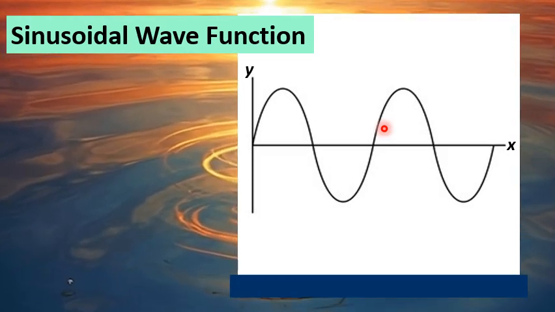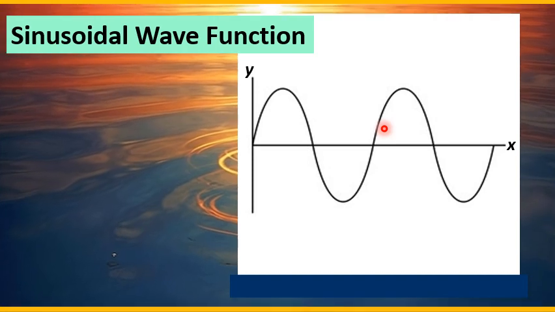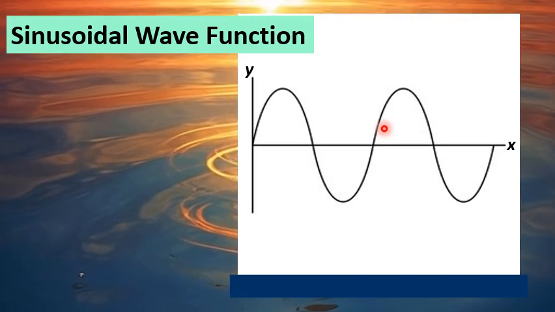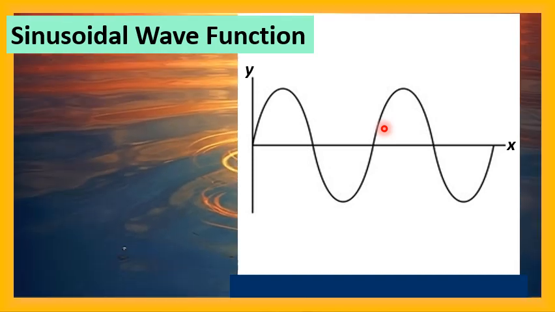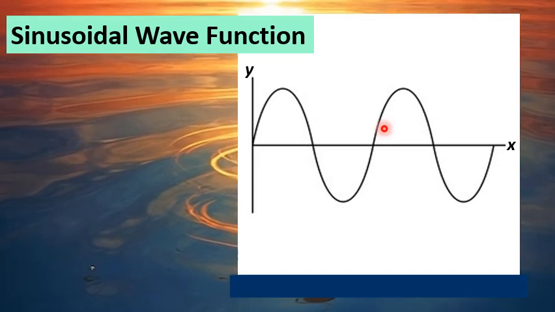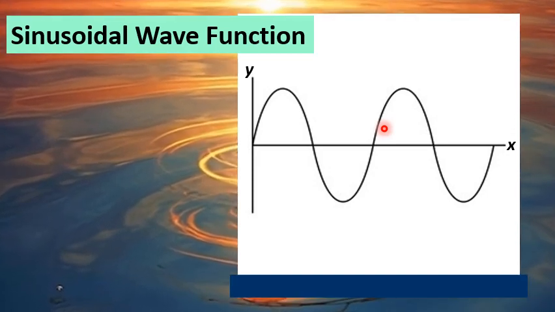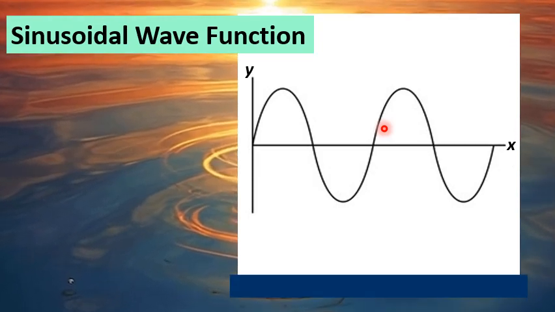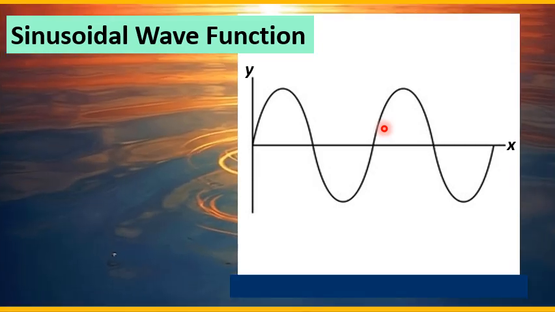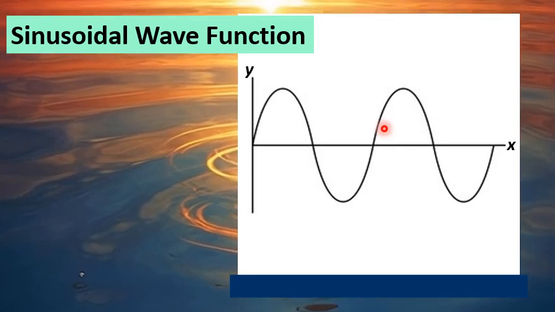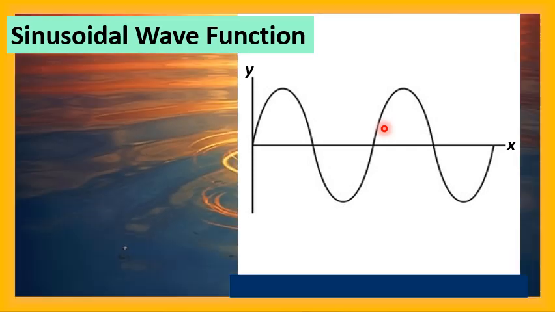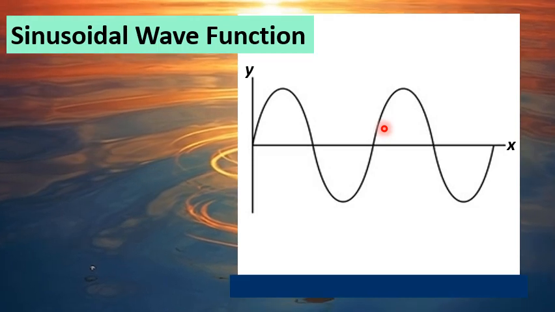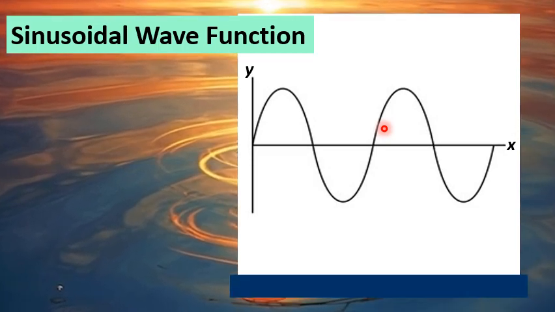During wave motion, a particle with equilibrium position x is displaced some distance y in the direction perpendicular to the x-axis. And the value of y depends on which particle we are talking about. That is, y depends on x and also on the time t when we look at it. Thus, we say that y is a function of both x and t.